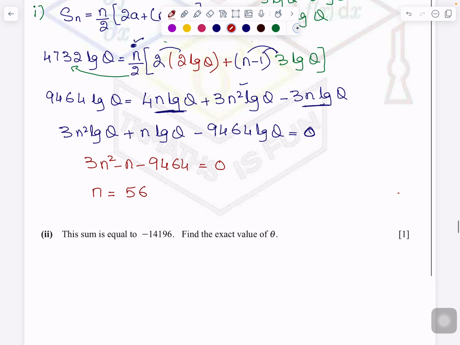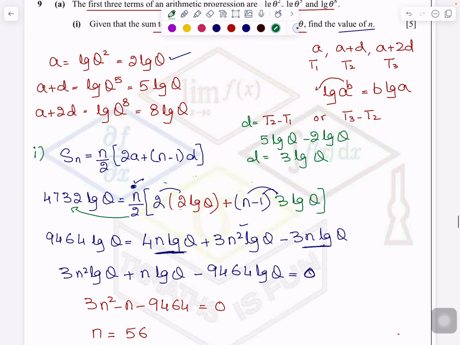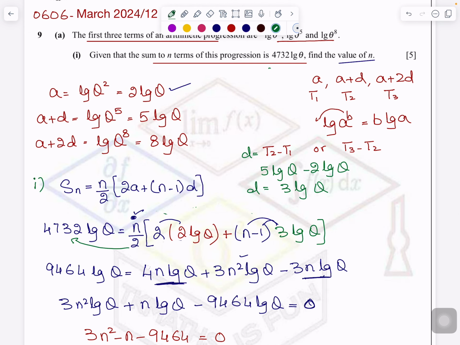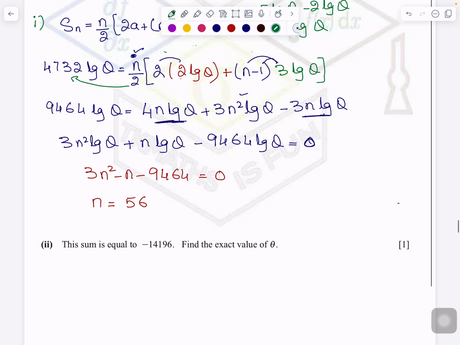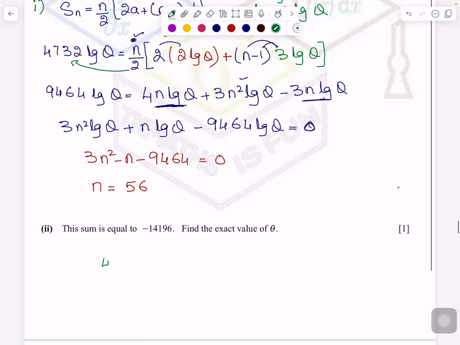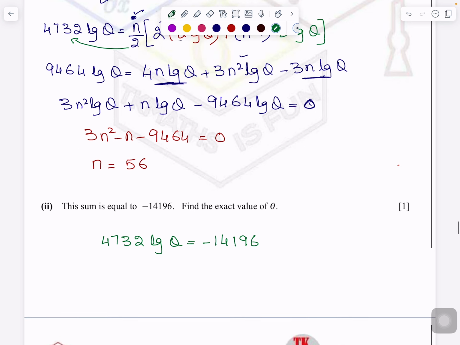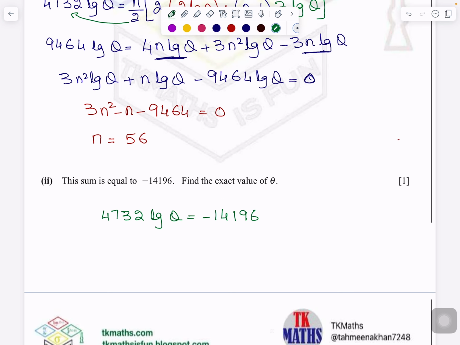Now second part, this sum is equal to minus 14196. Okay, so this is given to you. At the same time, the sum is given to you in part 1, which is 4732 lg theta. So I can write here 4732 lg theta equals minus 14196. It is a 1 mark question and I have to find the value of log theta.